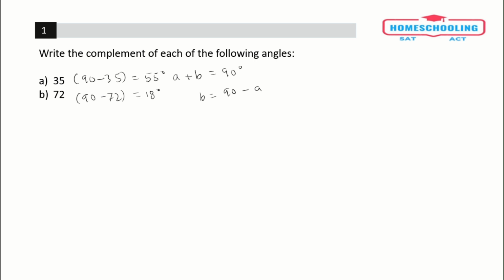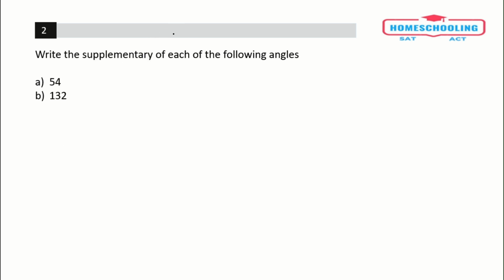Okay. Next question. Supplement. We have to find the supplements here. So A plus B is equal to 180 degrees. For this one, 180 degrees minus 54 is 126.